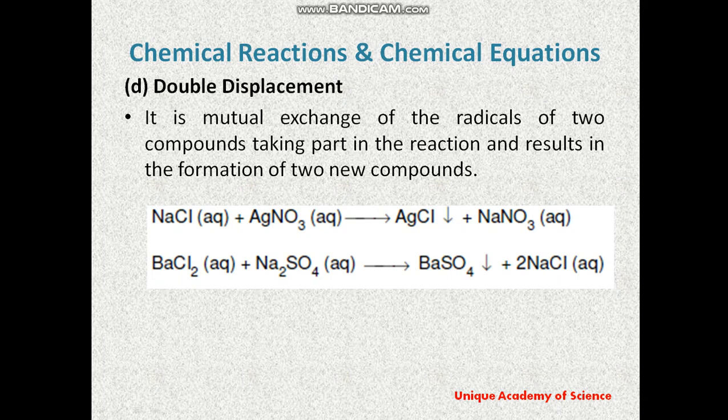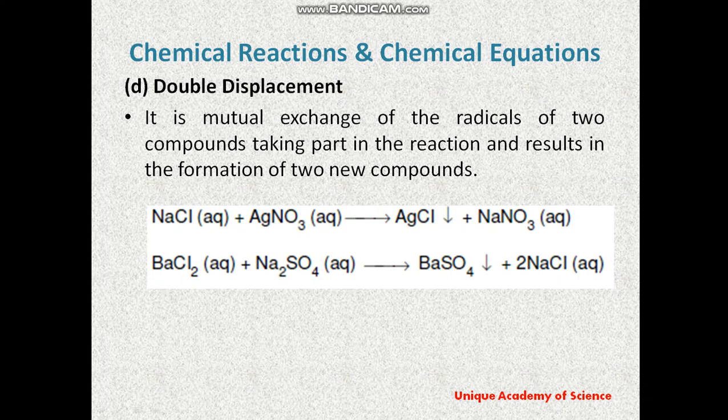Same as BaCl2, which means barium chloride, and Na2SO4. Na2SO4 means sodium sulfate, and it gives BaSO4 plus NaCl. In this example you can see that the Ba valence is +2, whereas Cl is -1, but here it is Cl2, so -1 and -1 becomes -2.